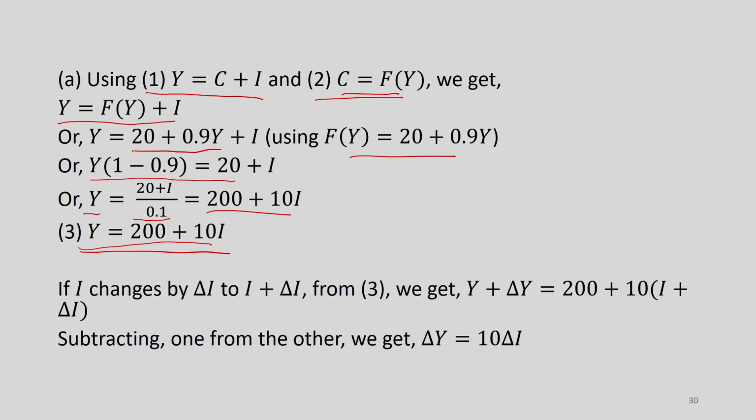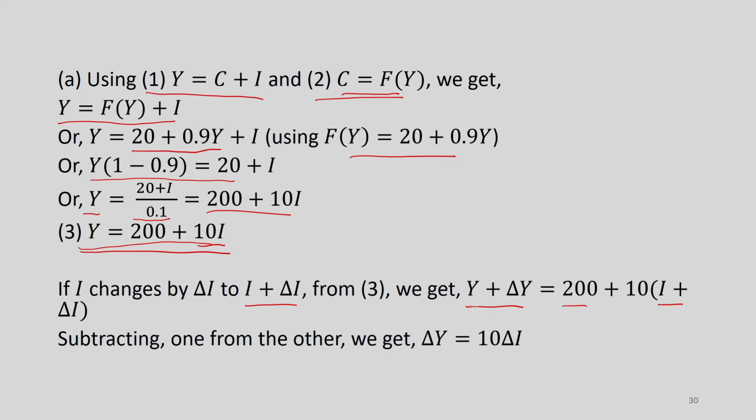Let us see: if I changes by del I, the new I is I plus del I, which I substitute here. In that case, y will change to a new y. Suppose that new y is given by y plus del y. So y plus del y will be 200 plus 10 multiplied by the new I. And what is the new I? New I is I plus del I.